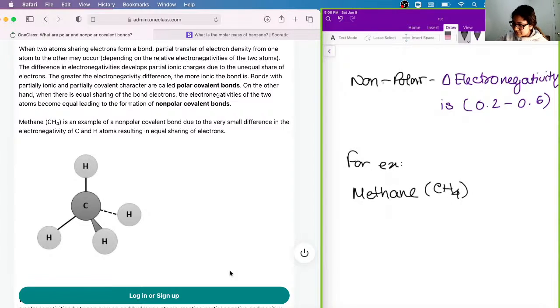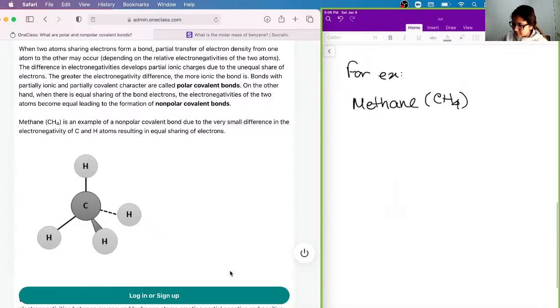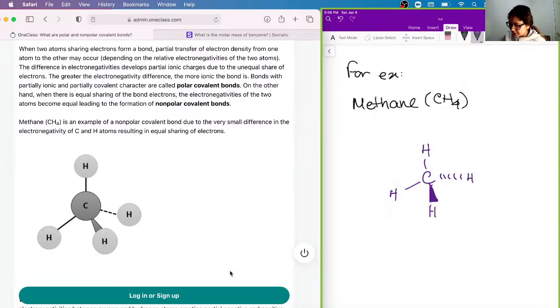Let's draw it out here, with carbon and H, and H, right? So you can see that there are two kinds of atoms here, carbon and hydrogen.